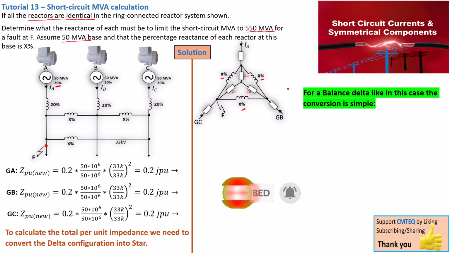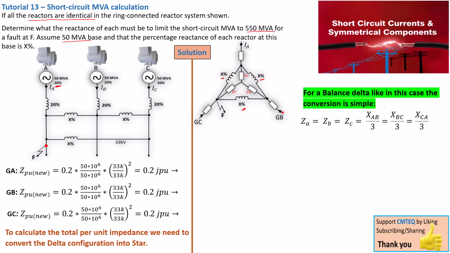Now moving on, we are basically going to use a simple conversion formula. Since it is a balanced system, ZA is equal to ZB is equal to ZC, and that is equal to XAB divided by 3, equal to XBC divided by 3, equal to XCA divided by 3, right?